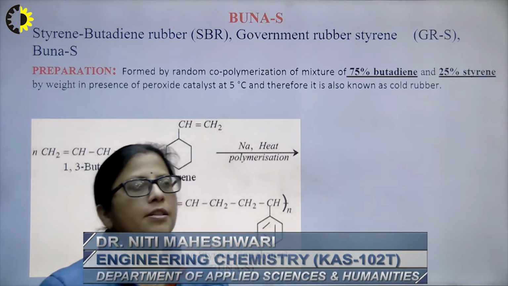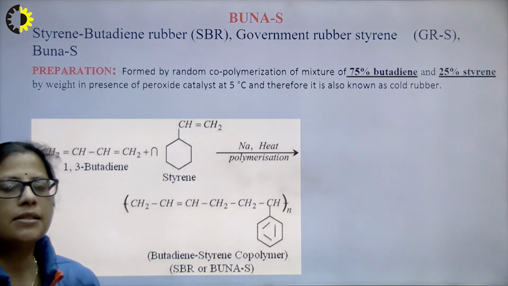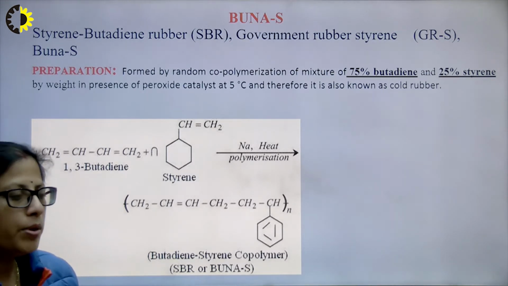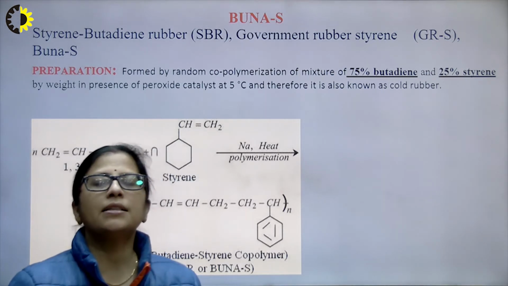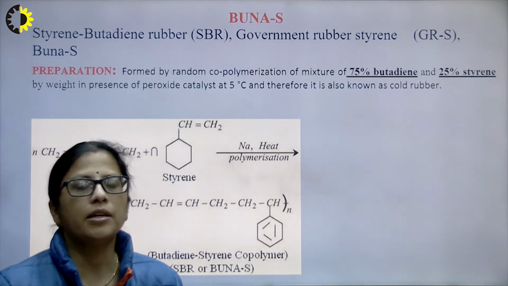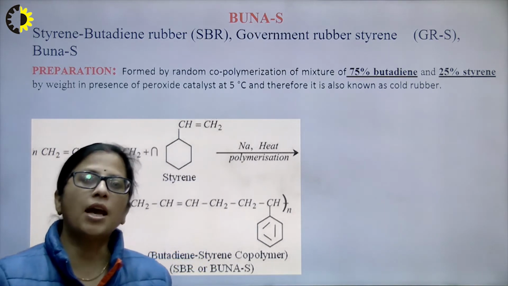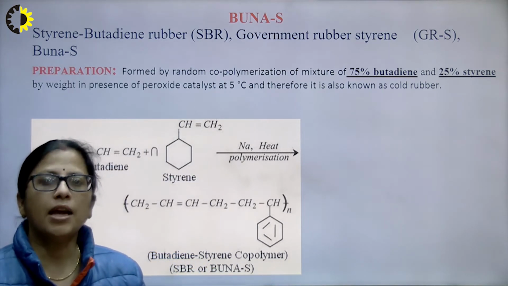The first important polymer is a rubber, and it is Buna S. Buna S is also known as styrene butadiene rubber, which is SBR, and it is also known as government rubber styrene, that is GRS.